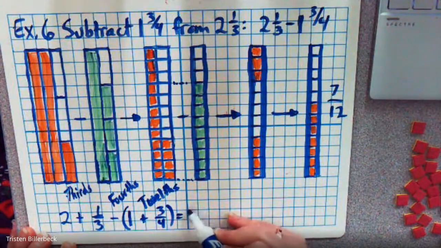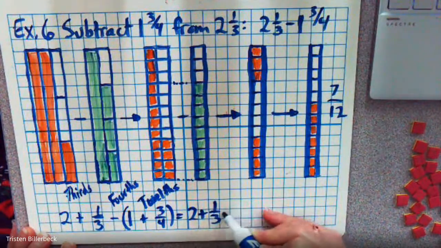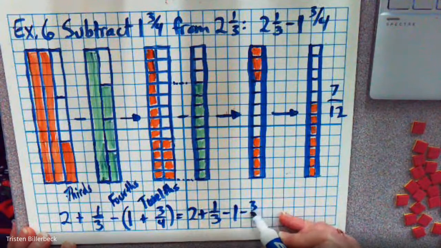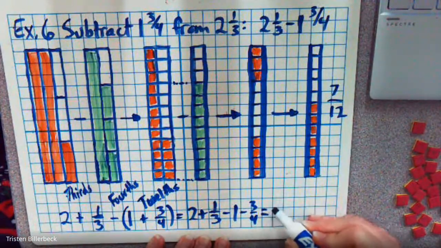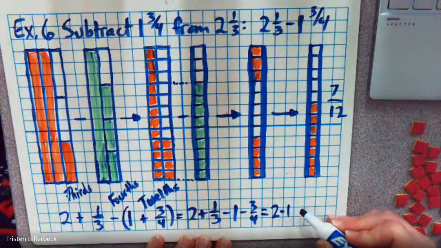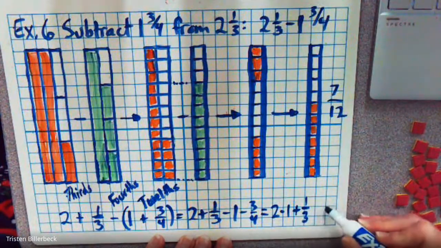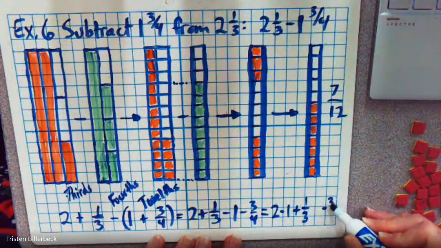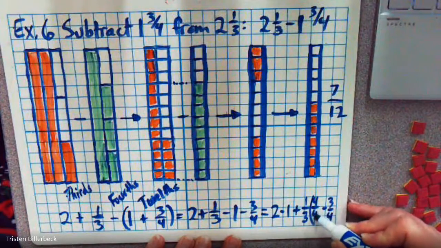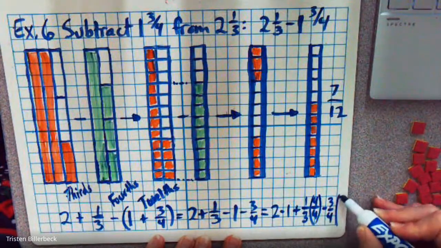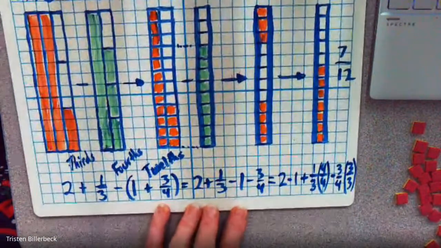So this is going to be 2 plus 1/3 minus 1 minus 3/4. Okay, so now I have 2 minus 1 plus 1/3 minus 3/4, and I changed the name so I can compare them.